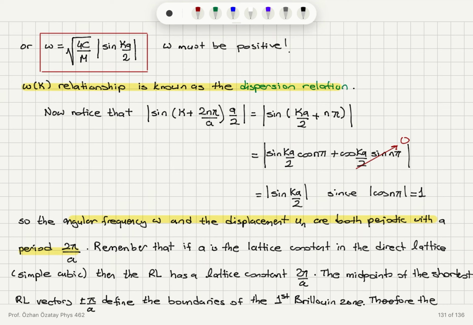So 2 pi over a is something special that I remember. If a is the lattice constant of the direct lattice, for example the simple cubic lattice, then the reciprocal lattice constant is 2 pi over a. So the midpoints of the shortest reciprocal lattice vectors, plus or minus pi over a, define the boundaries of the first Brillouin zone. So this is what we discussed in the X-ray diffraction.